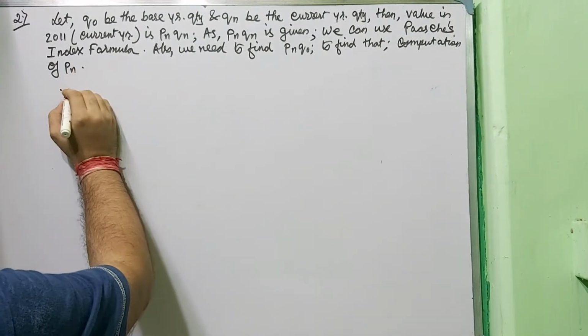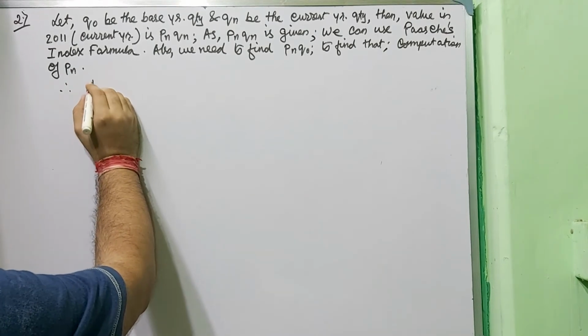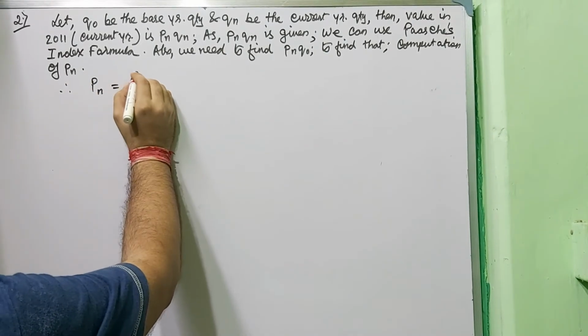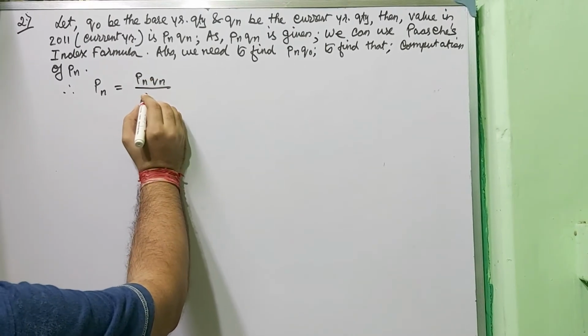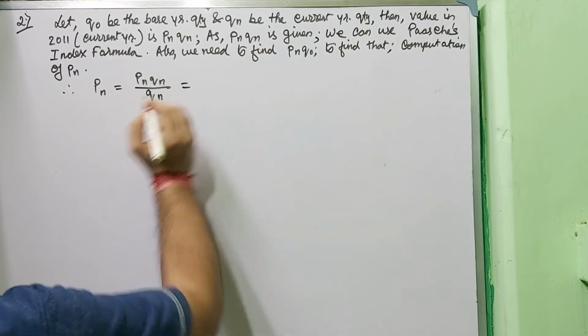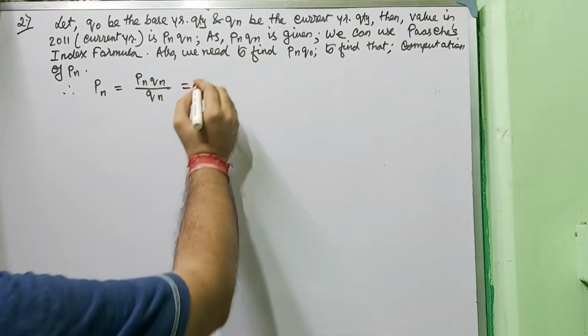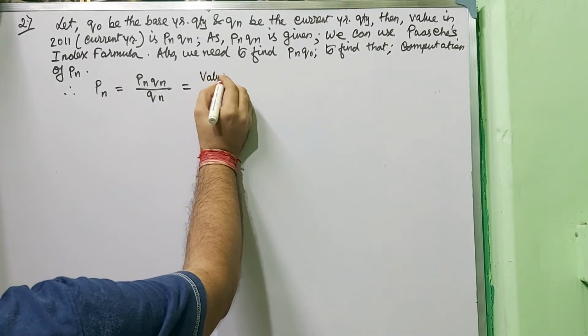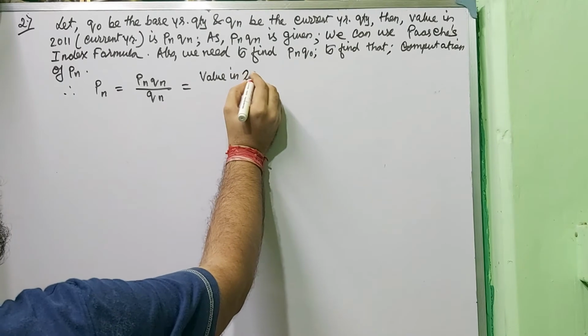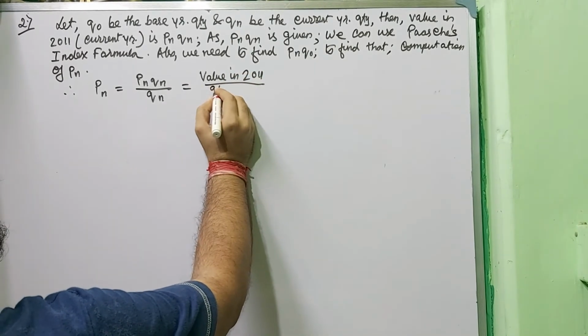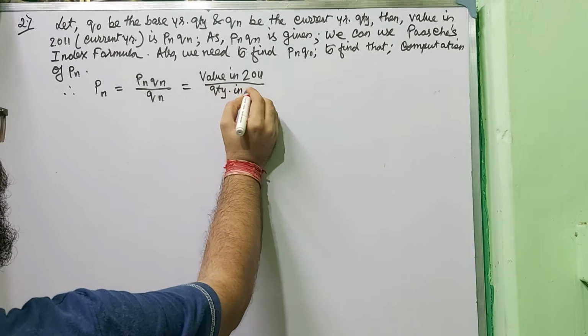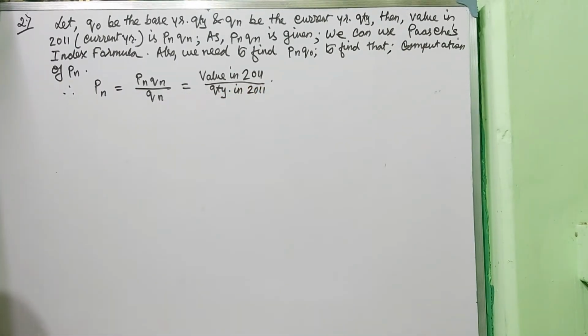So, therefore, Pn is equal to PnQn by Qn, which is value in 2011 by quantity in 2011, right? We can easily know that.